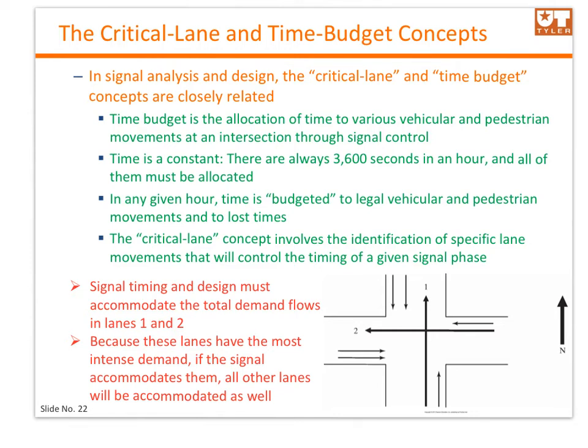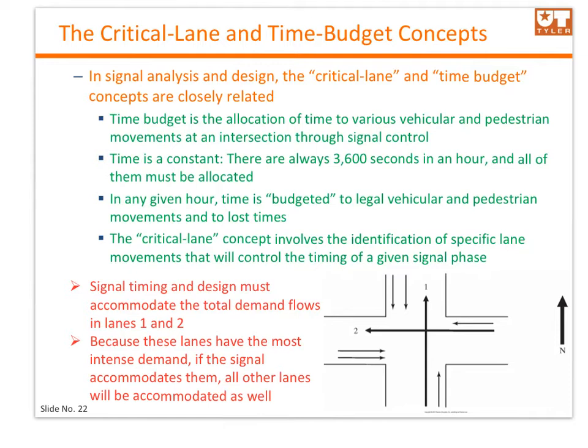Now we're going to move on to the concept of critical lane and time budget concept. So how can we now assign that effective green time to all the different movements? In signal analysis and design, the critical lane and time budget concepts are very closely related. The time budget is simply the allocation of time to various vehicle and pedestrian movements at intersections through signal control.